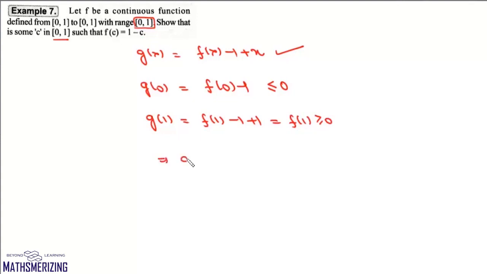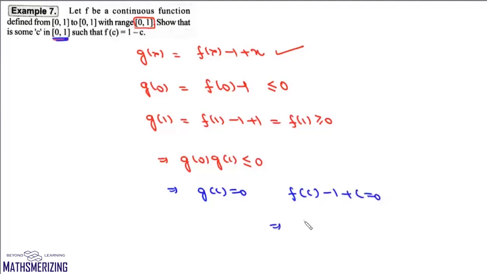So from here we can say g(0)·g(1) is less than or equal to 0. Now from Bolzano's theorem we can say there exists a point c in [0, 1] such that g(c) is 0. Now if we put g(c) as 0, we can write f(c) − 1 + c = 0, or f(c) = 1 − c.